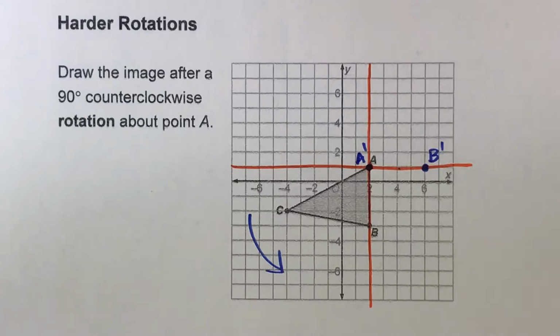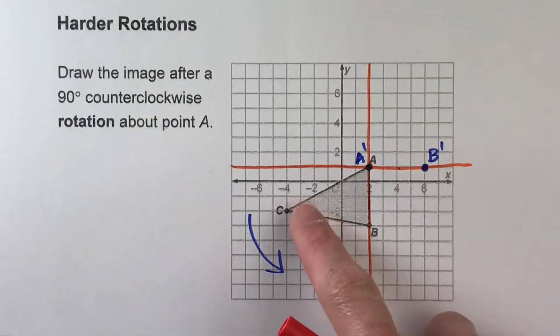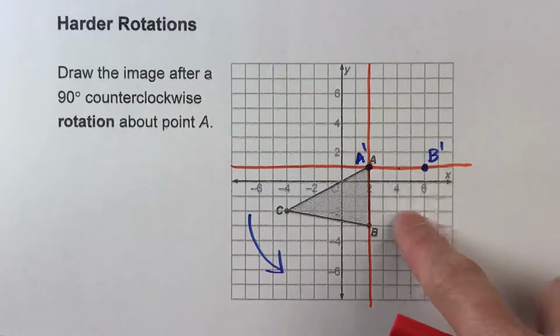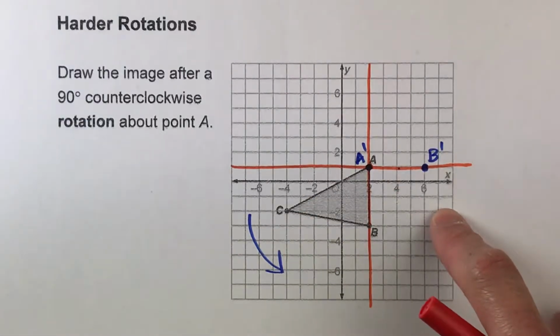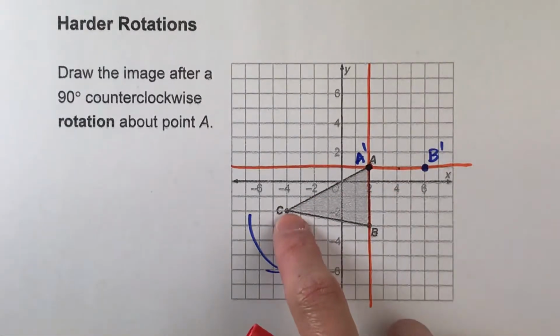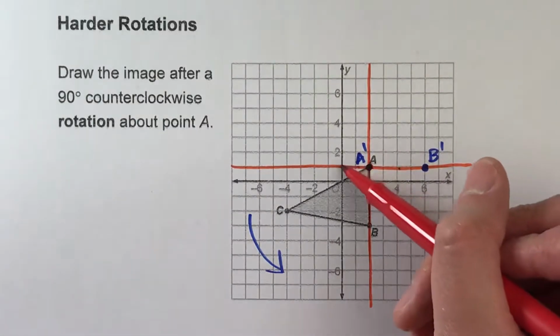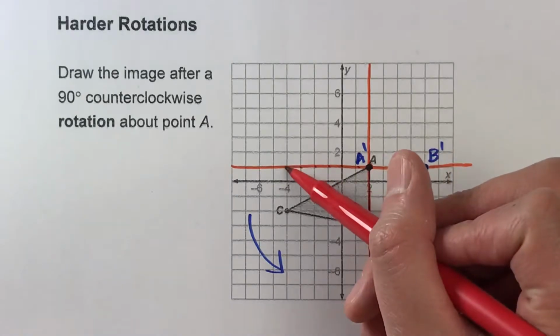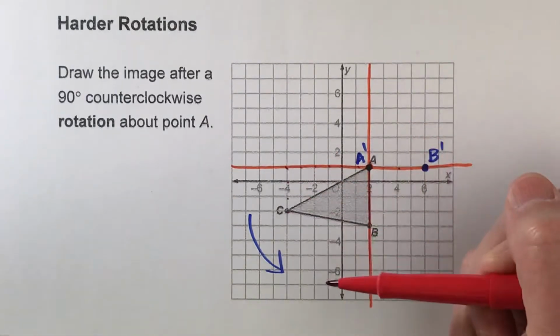Okay? Now, point C is going to be the hard one, because notice point C is kind of in this quadrant over here. When we rotate it, it's going to be somewhere in this quadrant over here. But where exactly will it be? Well, to get to point C, I would have to go along the fake x-axis, 1, 2, 3, 4, 5, 6, and then I'd go into the quadrant 1, 2, 3 steps.